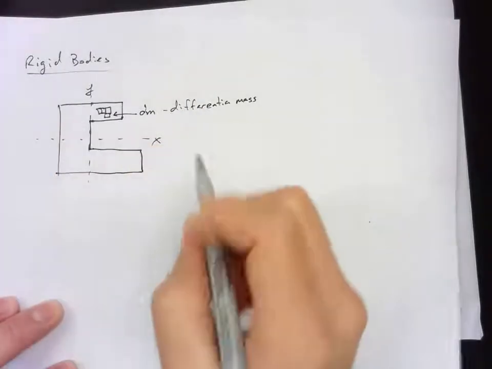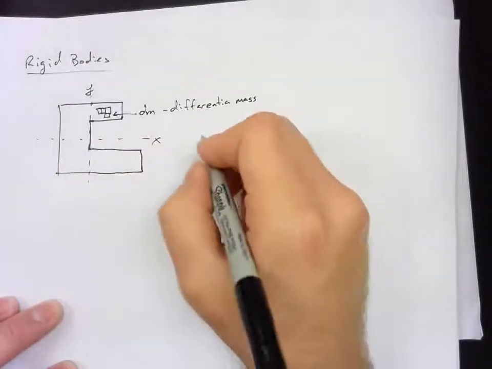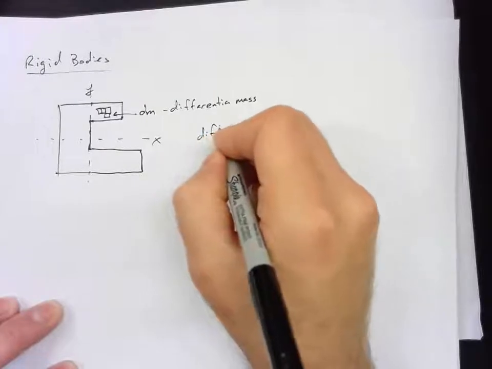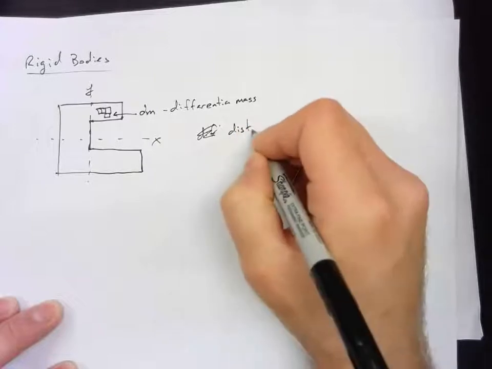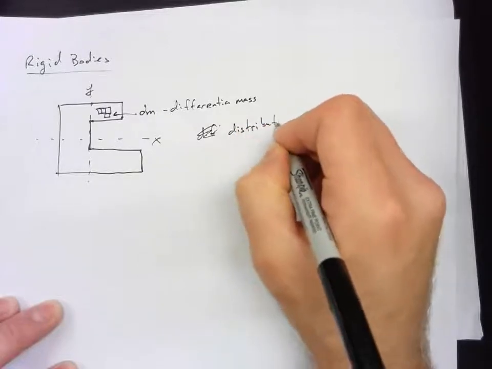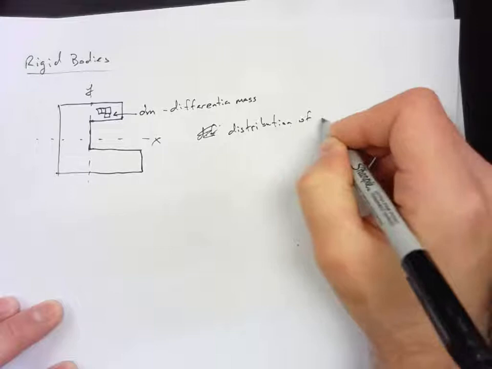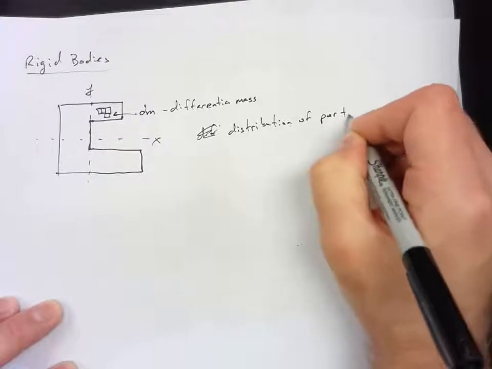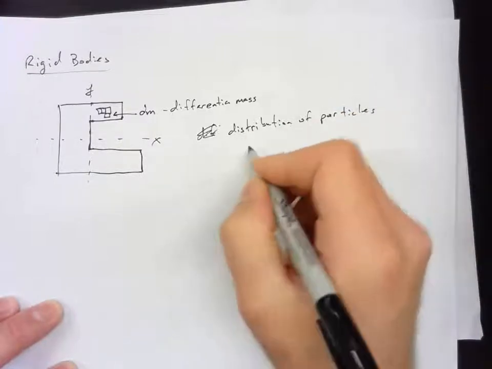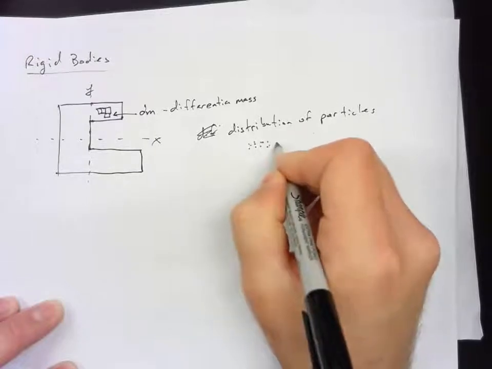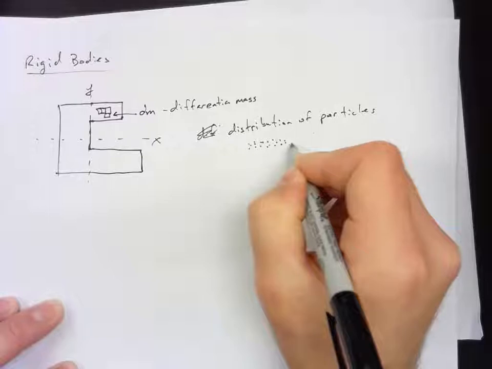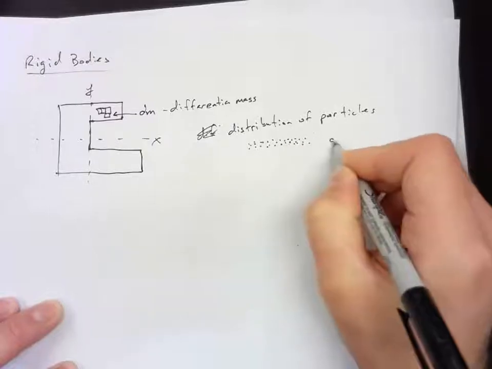Now, for this, our distribution of particles, we would hope, would be even, which means throughout the object, they are approximately evenly spaced. Okay, so that would be constant.